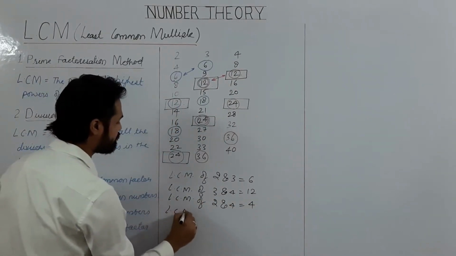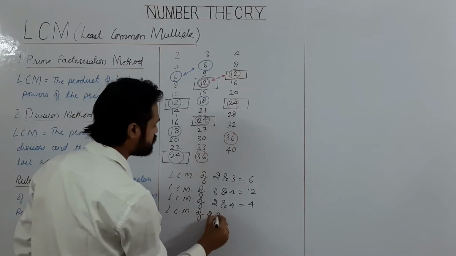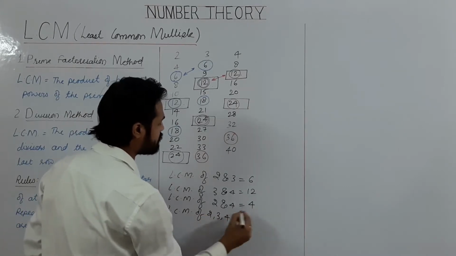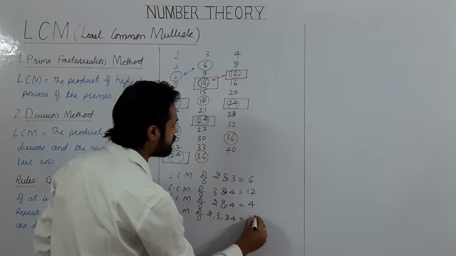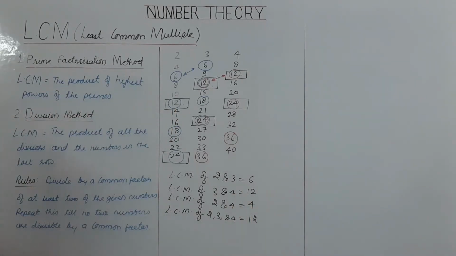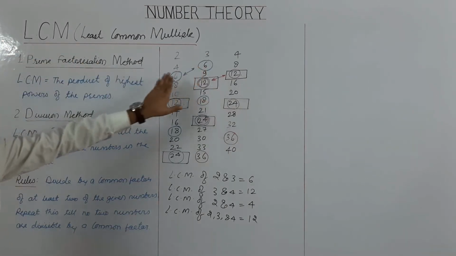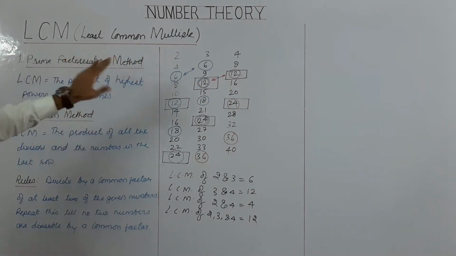And LCM of 2, 3 and 4 all together is again 12. So this is the basic concept of LCM. LCM means least common multiple, least of all common multiples.